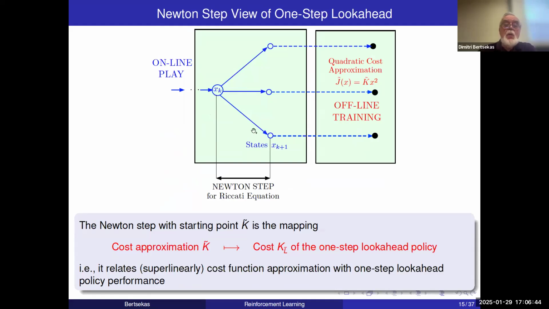One-step look ahead, we consider all possible controls here and all possible next states, and each one of the next states is evaluated by this cost function approximation. And the Newton step is the one that maps this thing here into the performance of the one-step look ahead policy and has the superlinear convergence property.